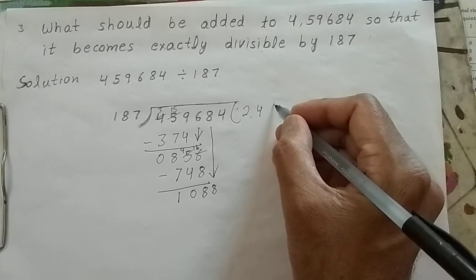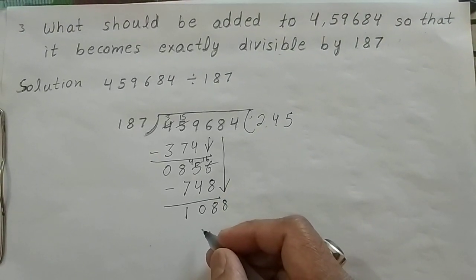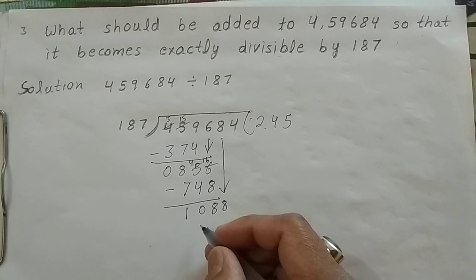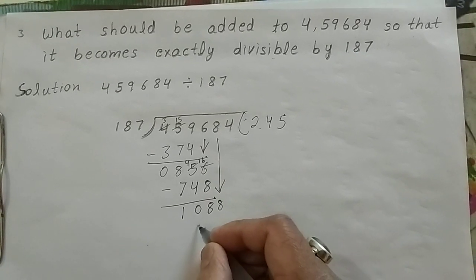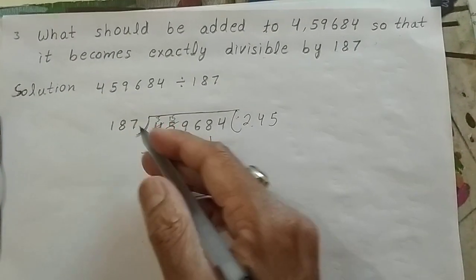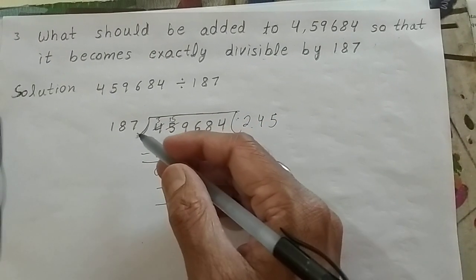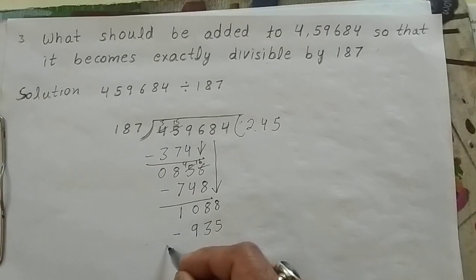Now we multiply 187 by 5. When we multiply 187 by 5, we get 935. 5 7s are 35, 5 8s are 40, 43, 5 1s are 5, 49, 935.